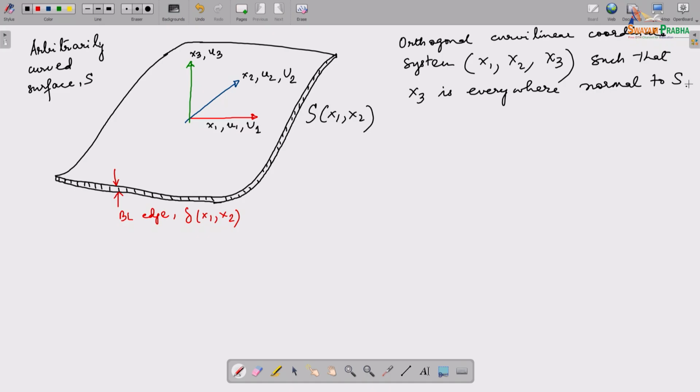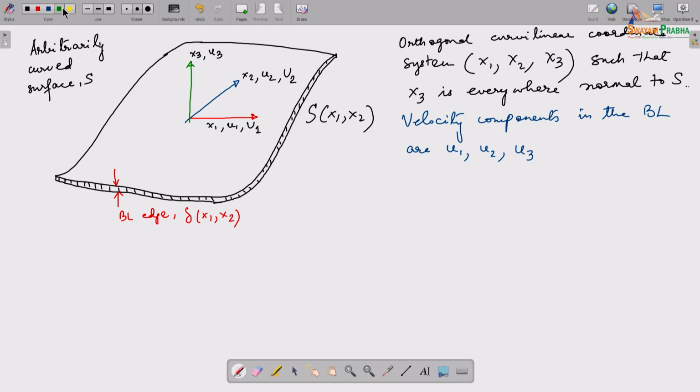The velocity components in the boundary layer, which is 3D in this case, are U1, U2 and U3.